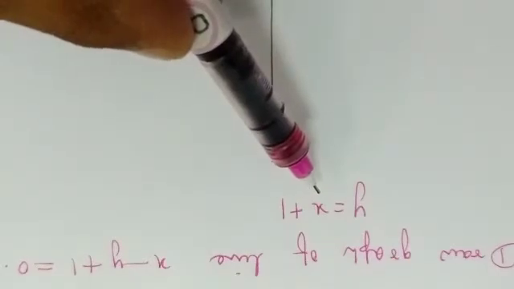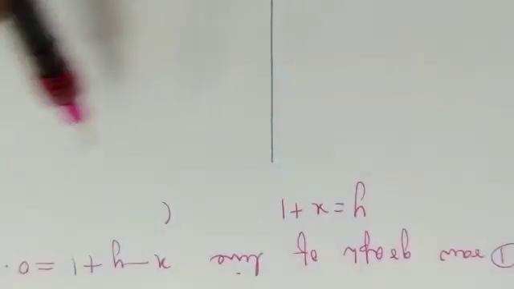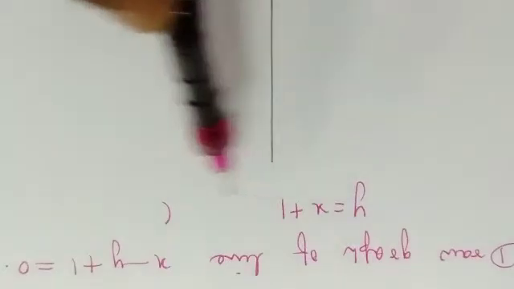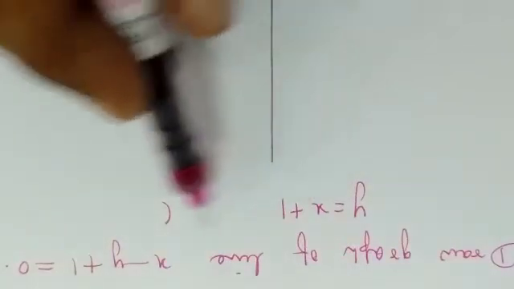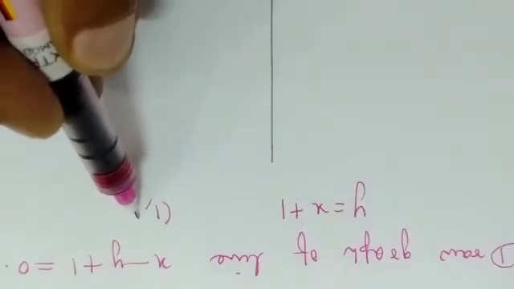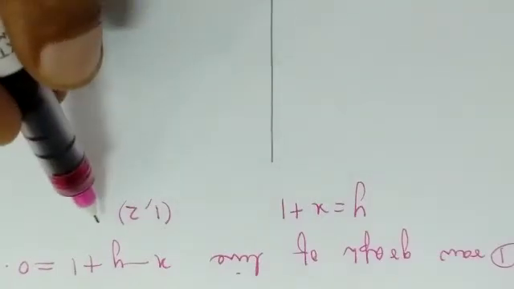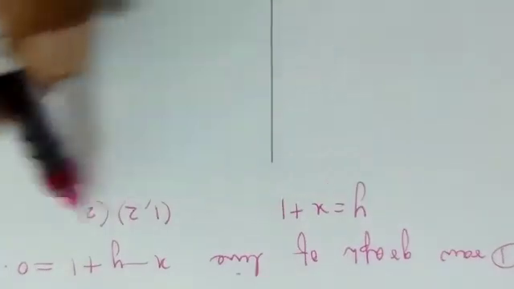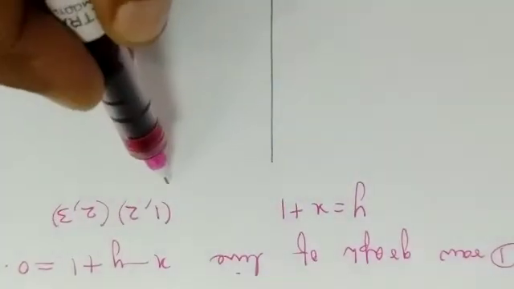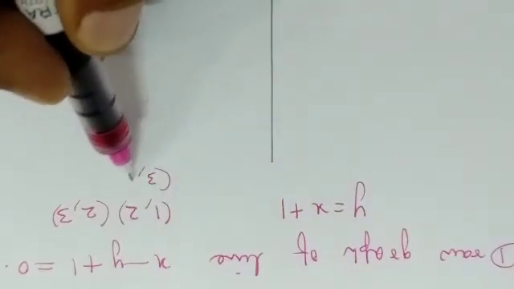Give values of x. If I give x value as 0, y value is 1. If x is 1, y is 2. If x equal to 2, y is 2 plus 1, 3. If x equal to 3, y equal to 4.